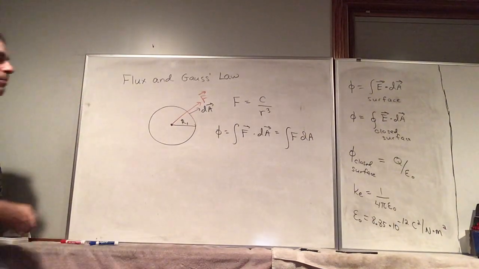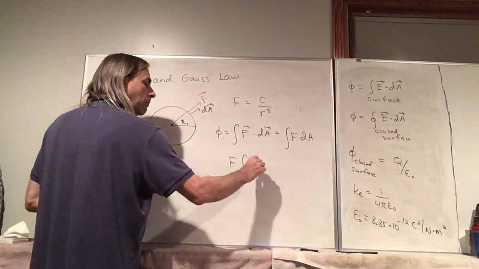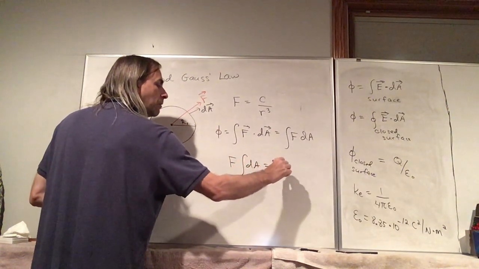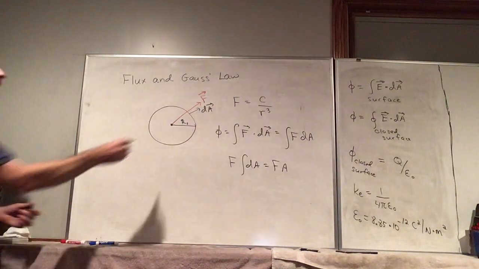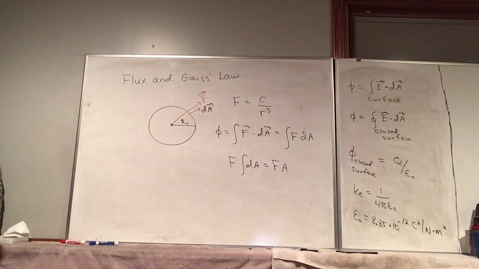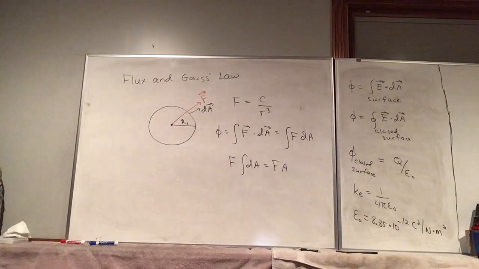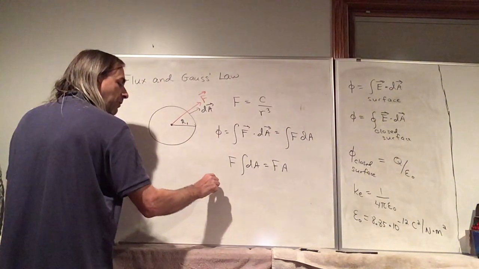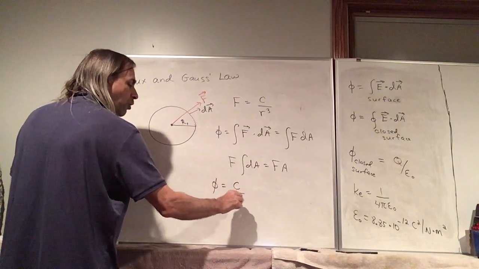And just like before, we can take F out, because the function depends only on the radius, and every point on this sphere is going to have the same radius. So the magnitude of this vector function F is going to be constant, so we take that out. What we're left with is the area of our sphere. And so what we have in this case for the flux is C over R cubed.